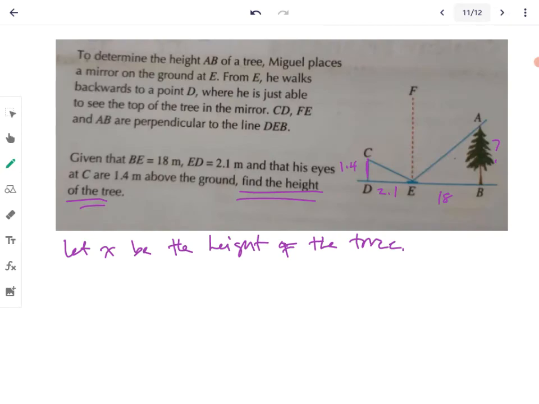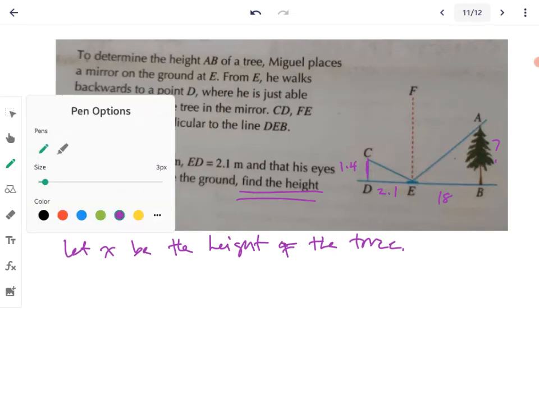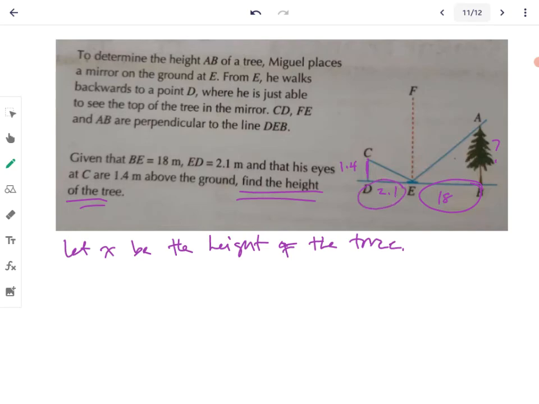So we look for the similar corresponding sides with already available measures, and you can see it here. It's the 18 and the 2.1. So we say 18 all over 2.1 is equal to this ratio and this ratio.